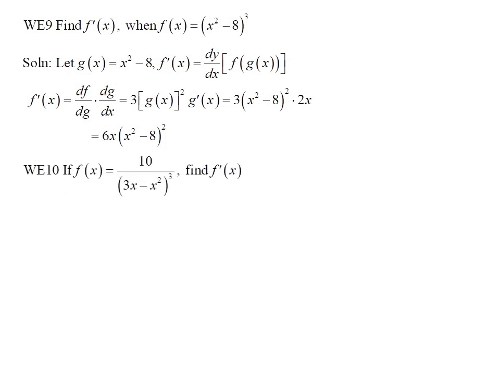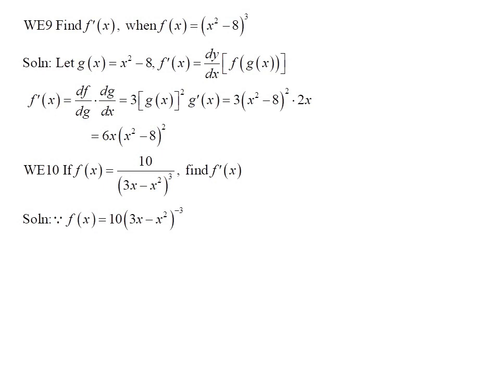Example 10 is to find the derivative function of f of x, which equals 10 over (3x minus x^2) cubed. We still apply the chain rule to find its derivative function.